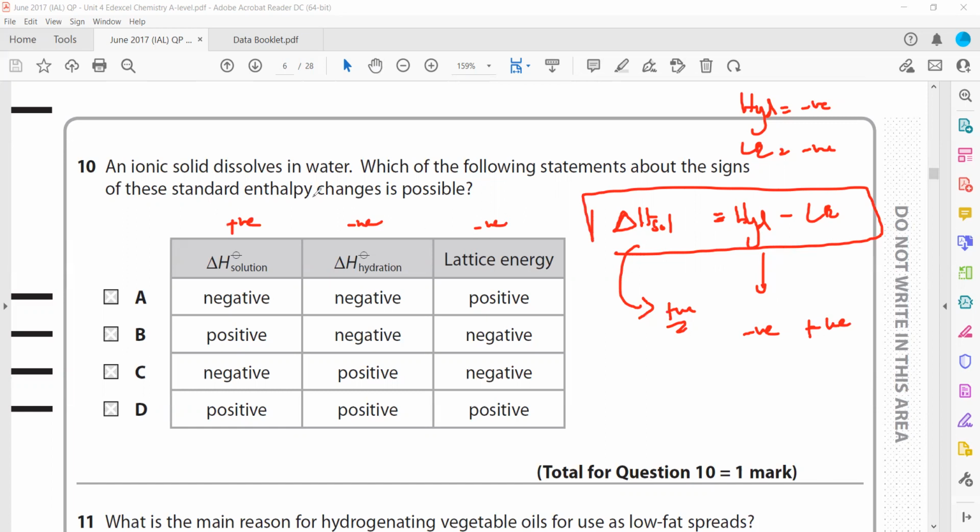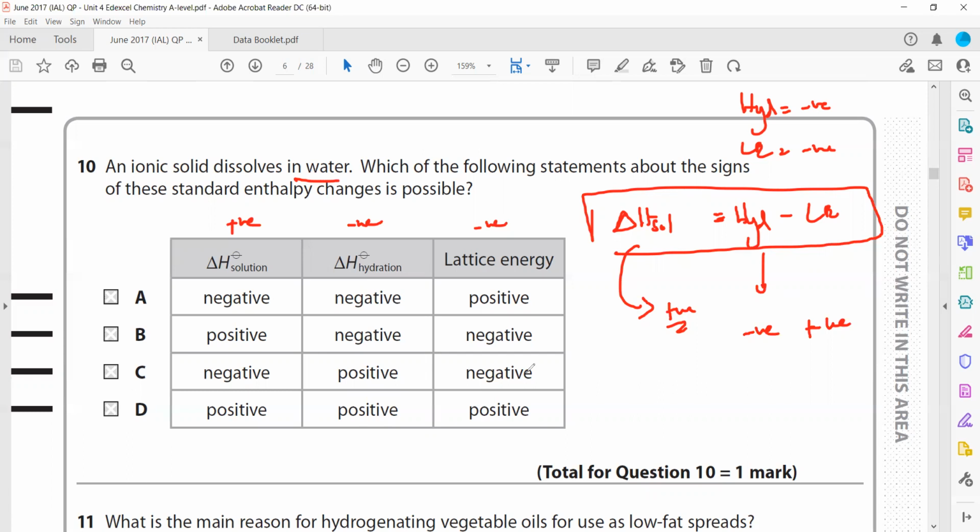The question is, an ionic solid dissolves in water, and which of the following statements about the signs of these standard enthalpy changes is possible? So if a substance dissolves in water, the hydration energy is negative, lattice energy is negative, that is always.